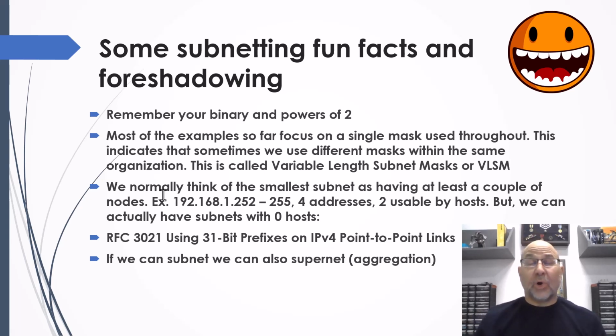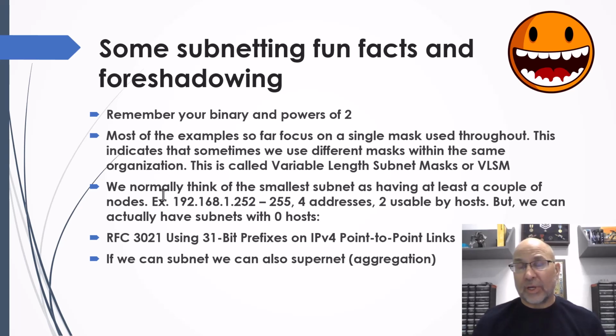But there's a whole RFC dedicated to allowing /31, only 2 addresses for a particular subnet. So RFC 3021, using 31-bit prefixes on IPv4 point-to-point links, because there are no hosts. So that's where you can get away with it. If we can subnet, we can also supernet, which means we glue subnets or networks together.